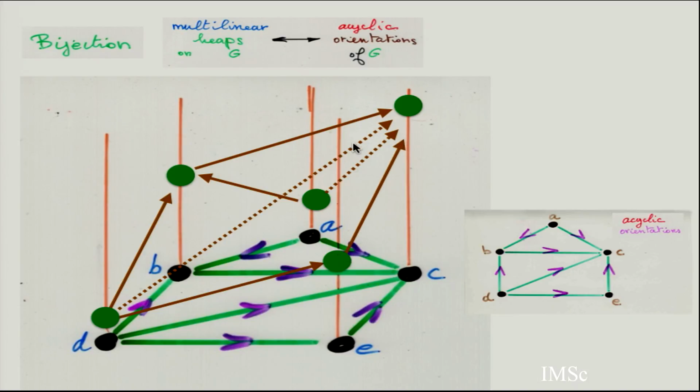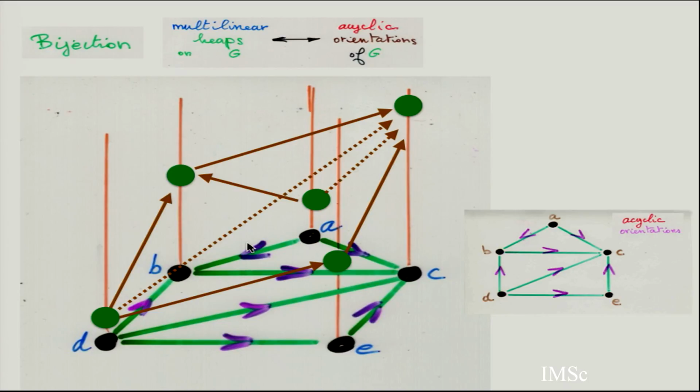From D to C there is an edge in the acyclic orientation, but this edge is a consequence of the other two. So in full brown line I put the Hasse diagram of the heap. In dotted line are the edges you don't need, because they belong to the transitive closure of the order relation.